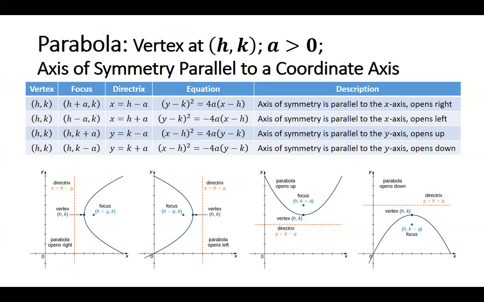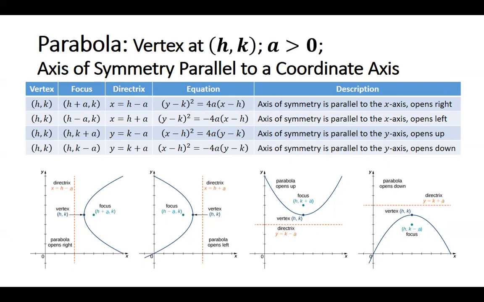And now the axis of symmetry, instead of being on a coordinate axis, is parallel to the coordinate axis, right? Because if we have something that opens to the right or opens to the left, but now it's been shifted up and the vertex is at (5, 2), it's been shifted up by 2. Now the axis of symmetry isn't the x-axis, but it's parallel to the x-axis.